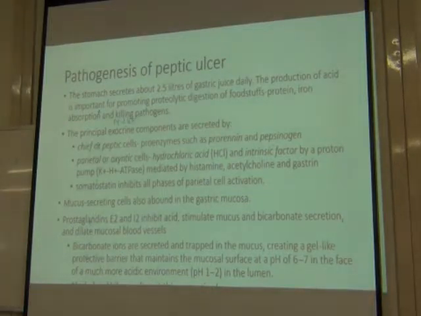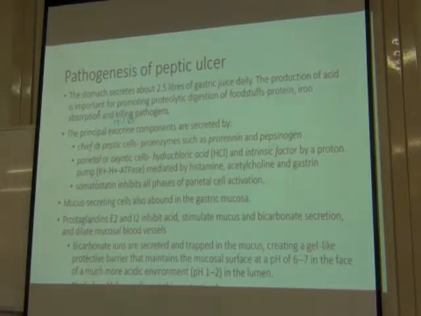That proton pump action is mediated by histamine, acetylcholine, and gastrin, majorly. You have another hormone in the body called somatostatin, which inhibits the action of the parietal cell. But that is by the way.